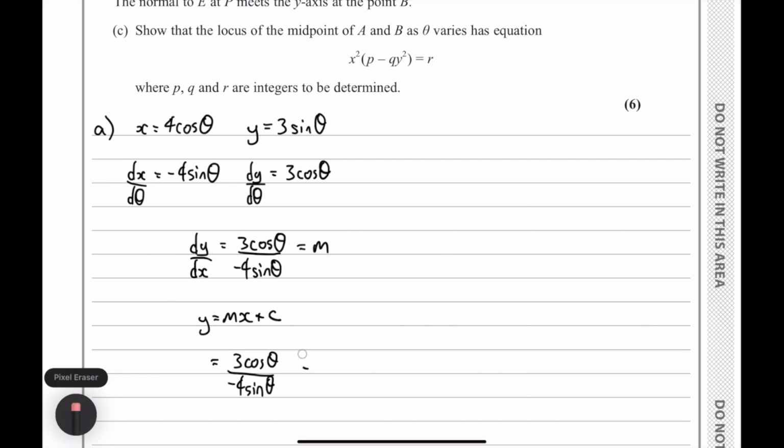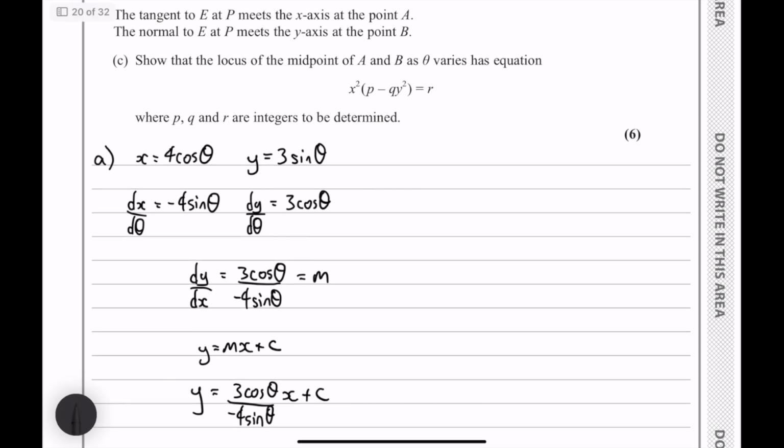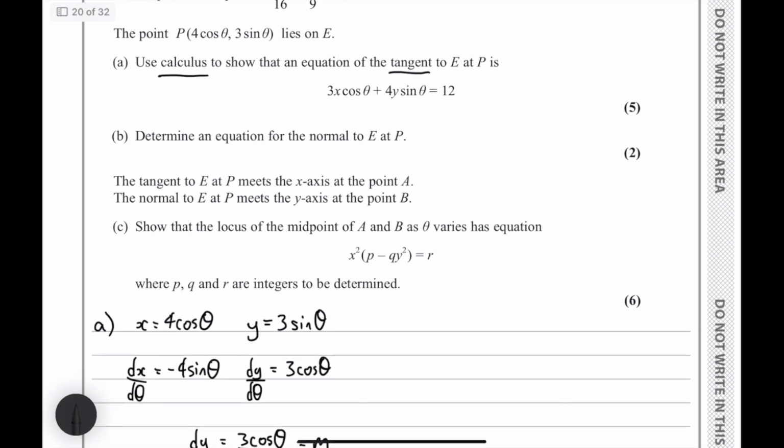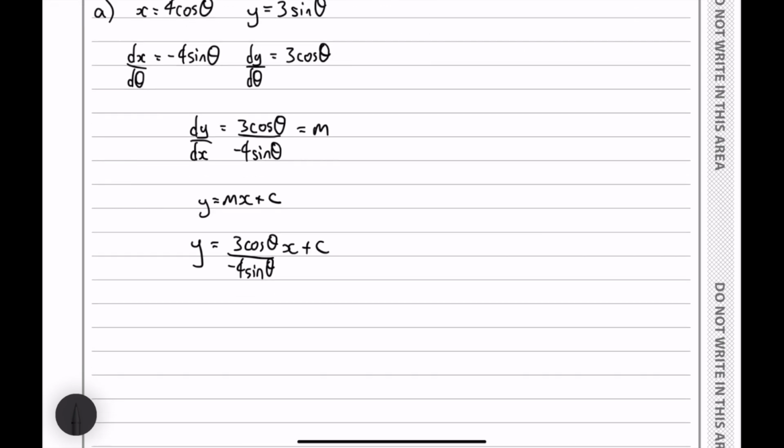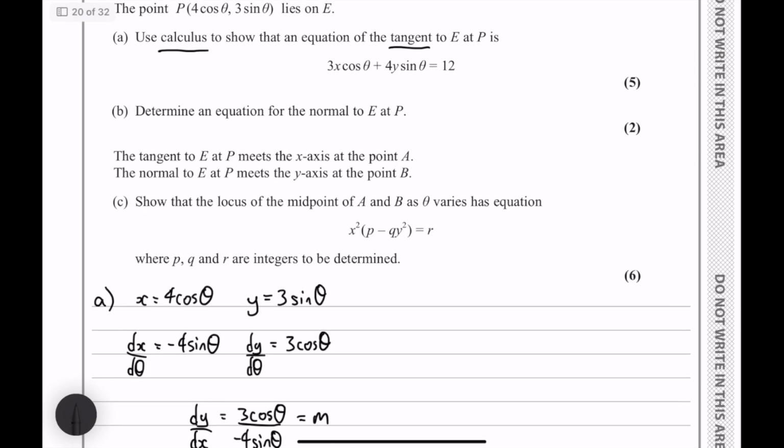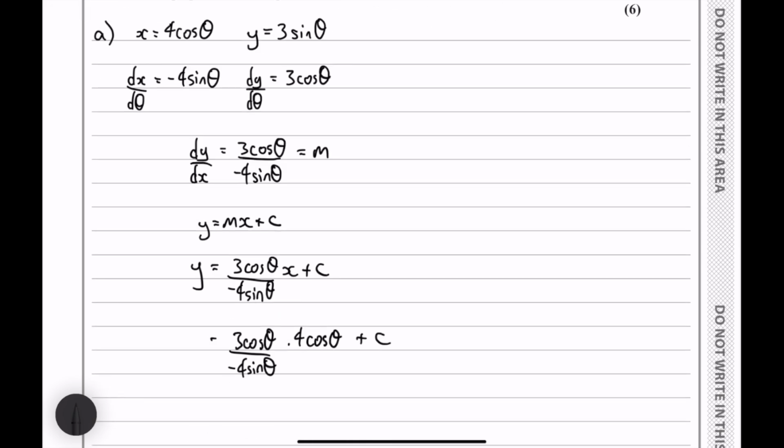Oh no, we need an x in there. Now we can use the point P. 4 cos theta is the x-coordinate. We've still got the same gradient. And the y-coordinate at that point is 3 sine theta.